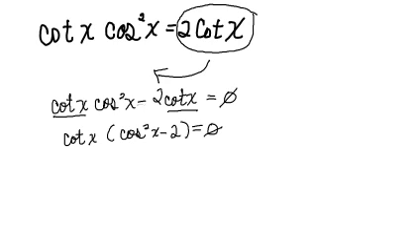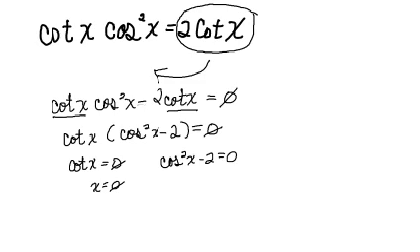Okay, so that leaves us with 2 factors here that we are going to set to 0 so we can solve. So we have cotangent x equals 0, which means the x is going to equal 0. And we have cosine squared x minus 2 equals the 0.